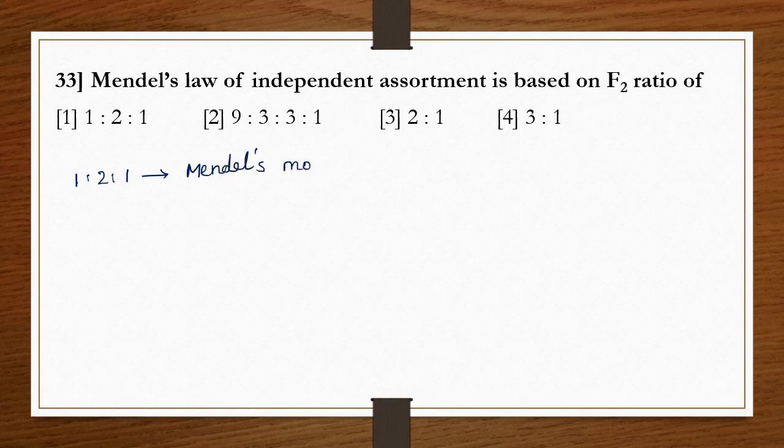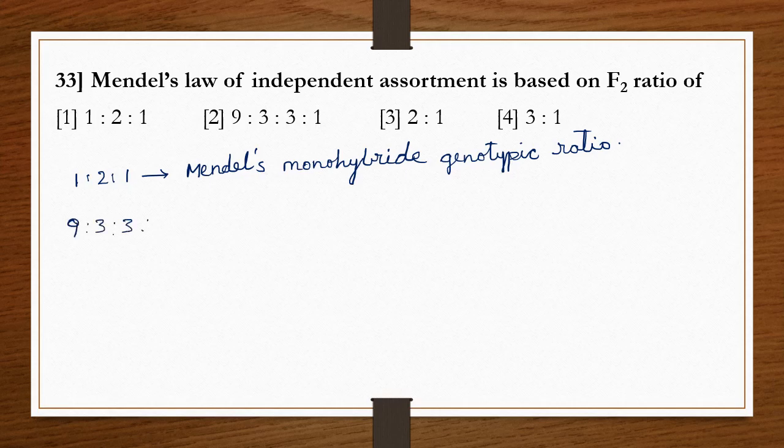Now 9:3:3:1 represents Mendel's dihybrid phenotypic ratio.